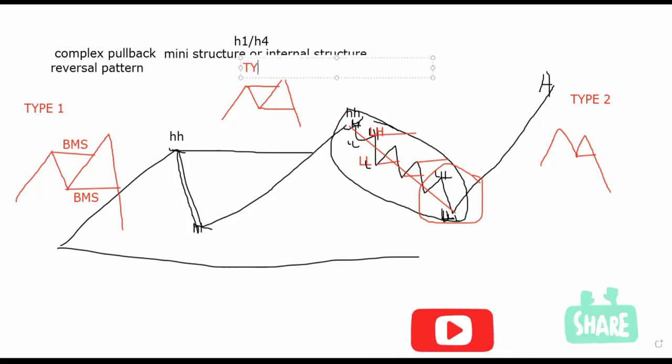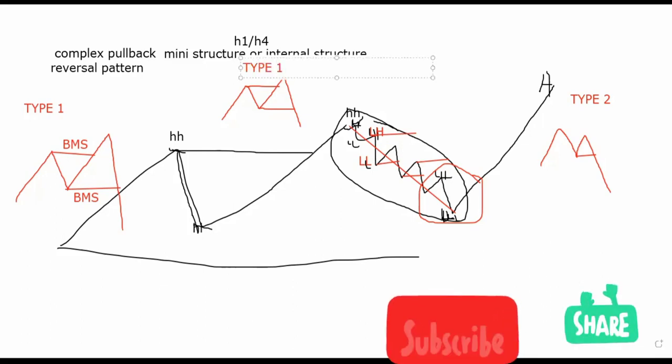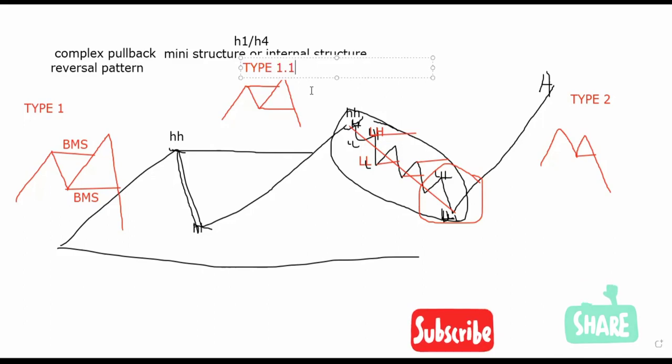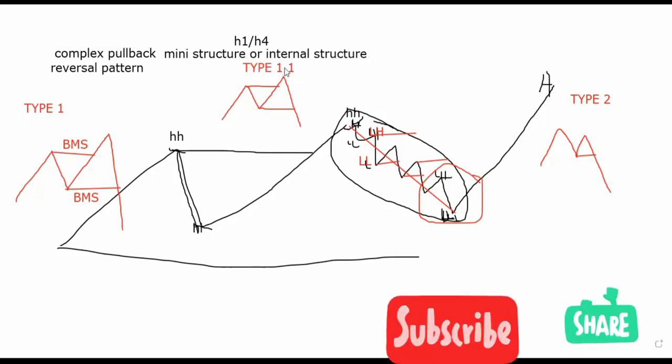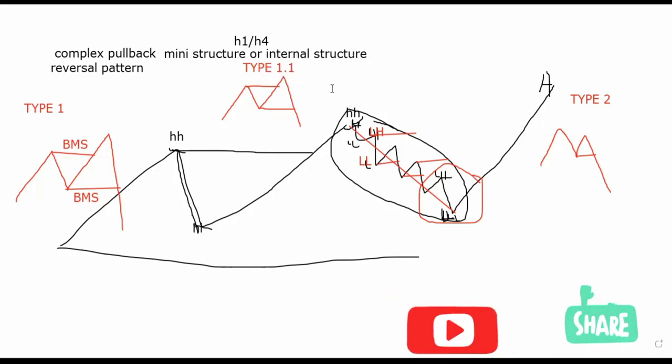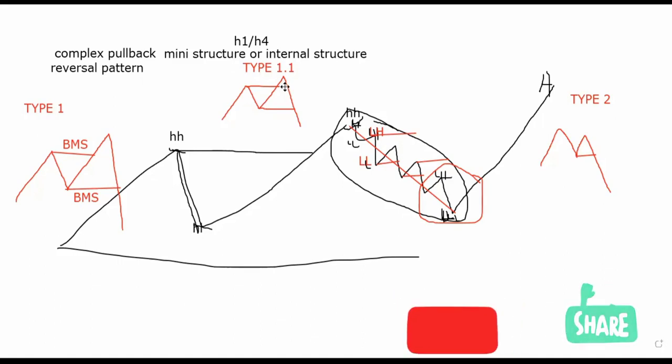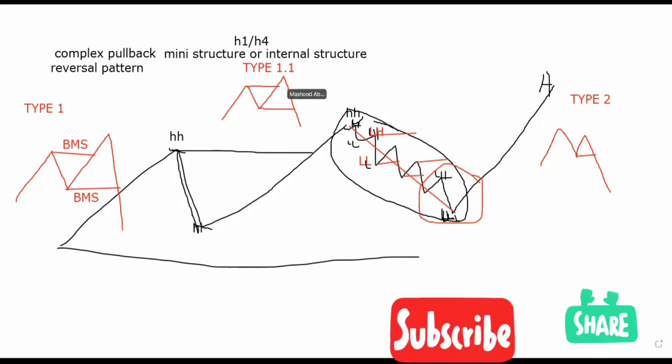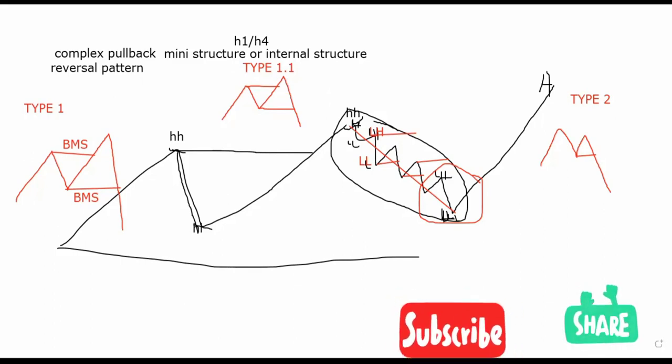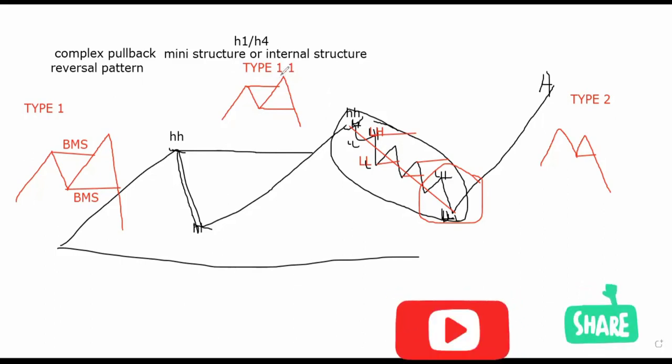Type 1.1, right? Do you understand the difference there? Yes, sir. This other area here now, this swing high will not be a candle close.